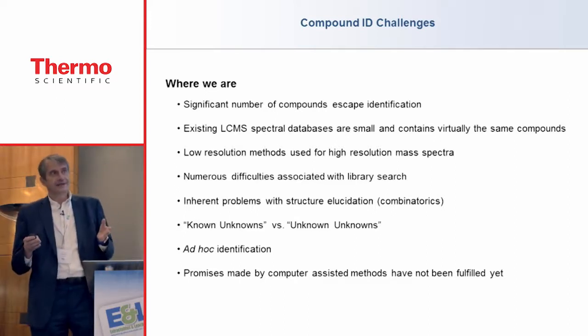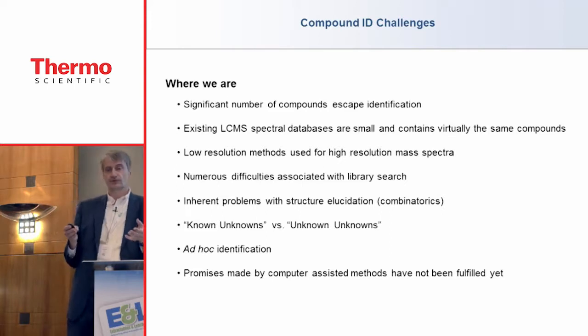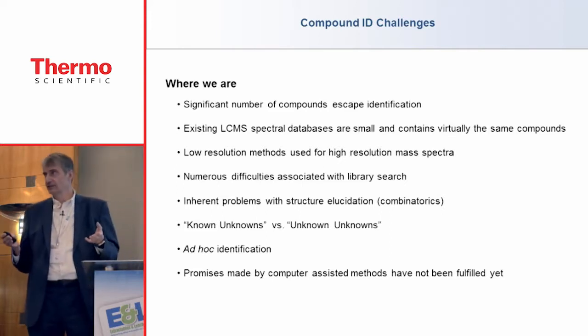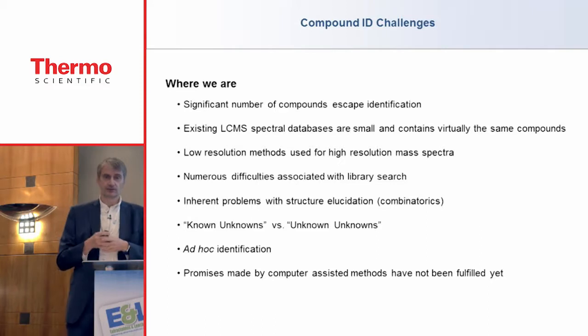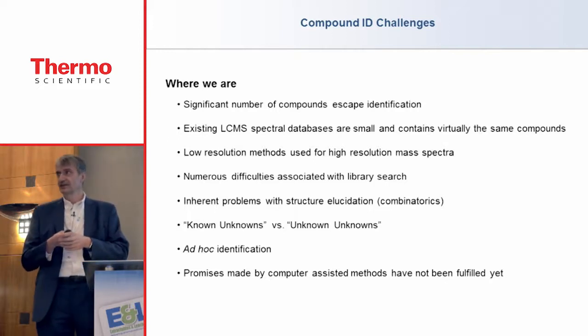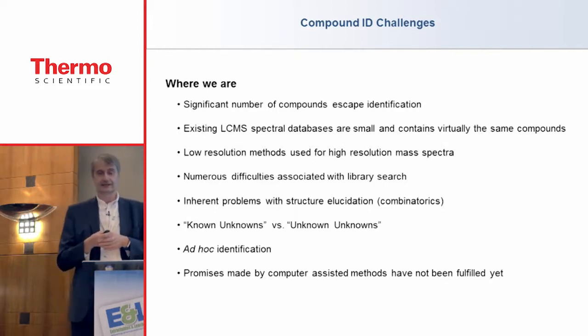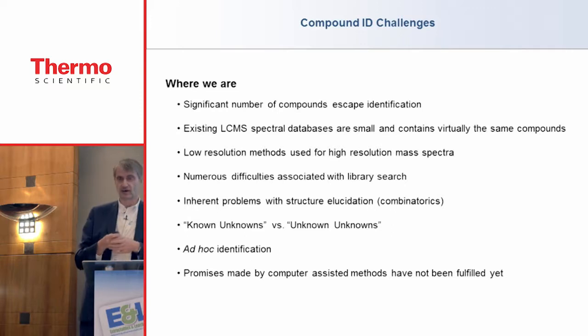For many decades, the method of choice for compound identification was a library search. It still remains a very good technique. However, we have very small LCMS databases, currently a couple of thousand compounds. If we imagine how many compounds we can search on PubChem, it's many millions, and on CAS it's even about 100 million.